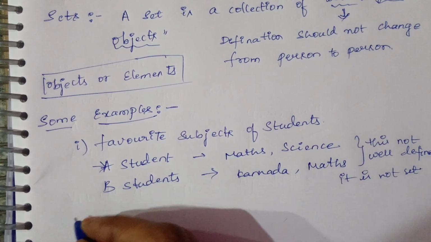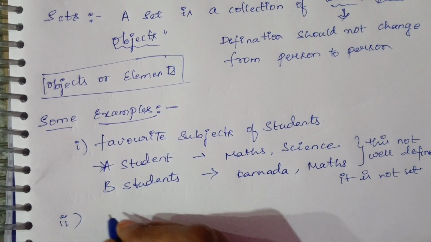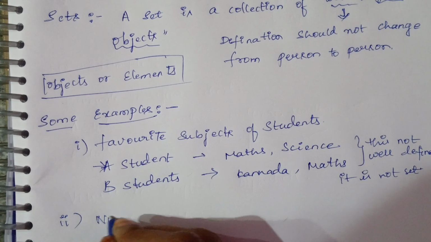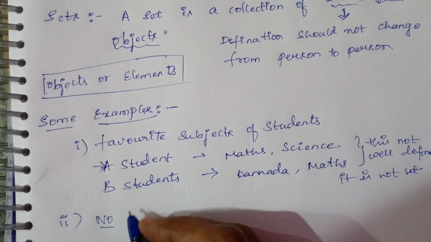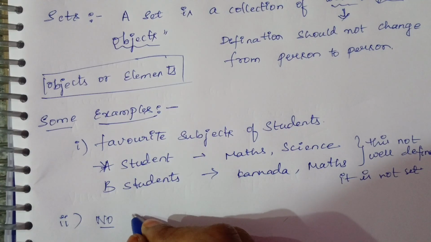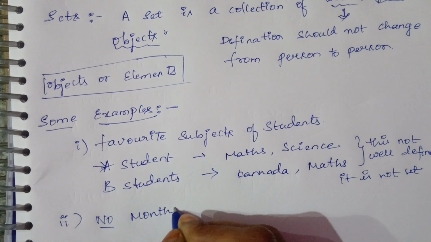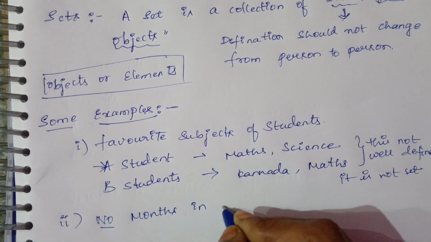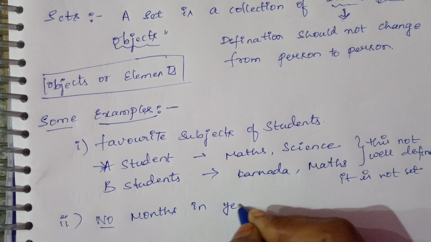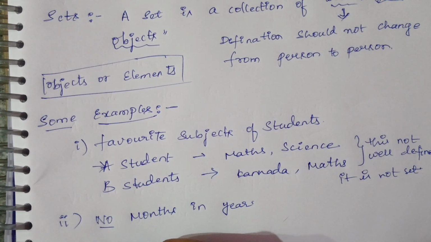Now if we take another example, the number of months in a year. How many months are there? About 12.